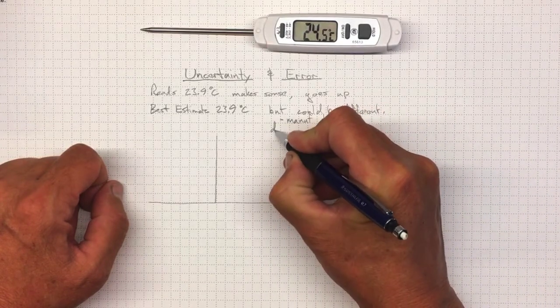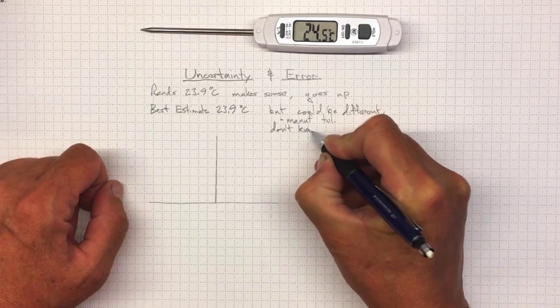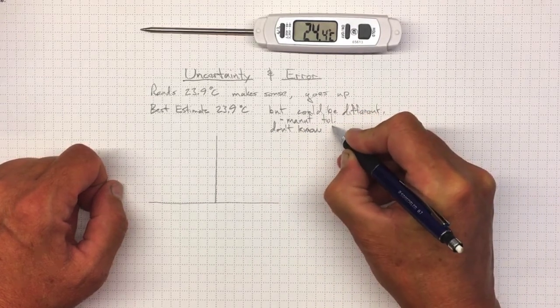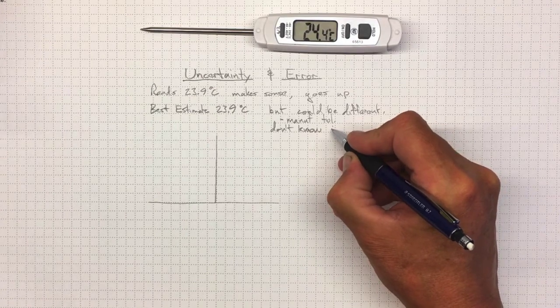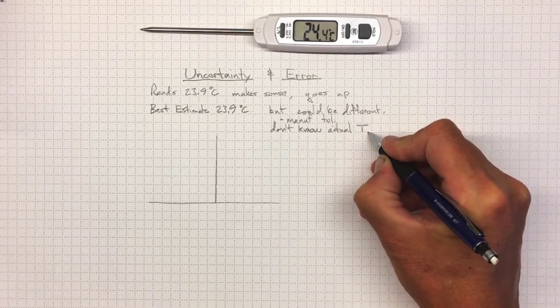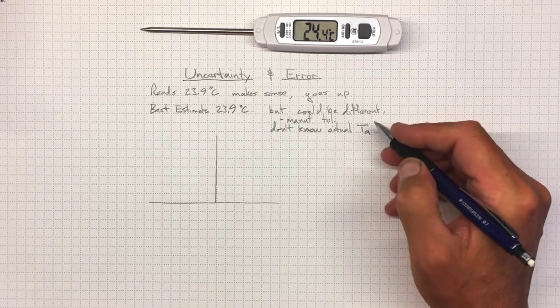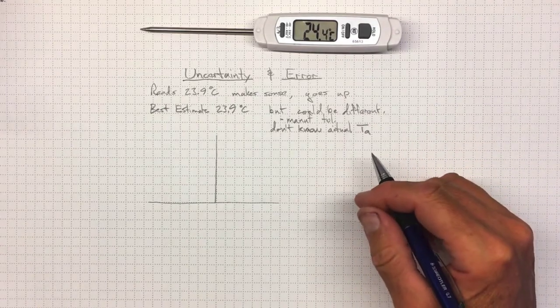And the thing is, we don't know the actual temperature. And that's important to remember, is that in most measurement situations, we don't know what the actual temperature T sub A is, or whatever other variable we're trying to measure.